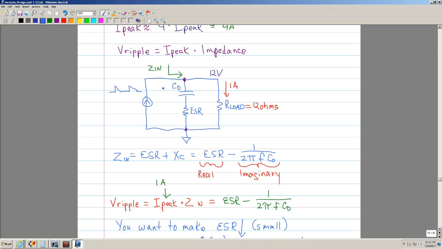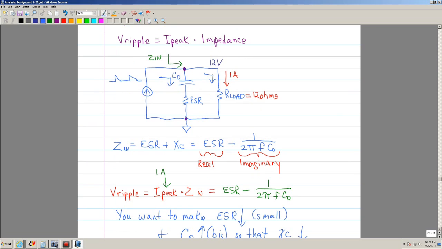So you have this impedance looking through this, which is the capacitor and the ESR, and then you also have this impedance, which is just your load. In this case, it's 12 ohms. So if we change this and say this is Zn, and then we'll say this is Z load, just to be a little bit more specific.